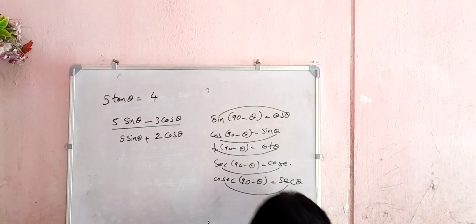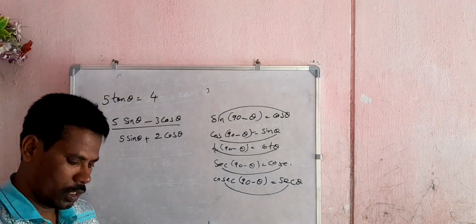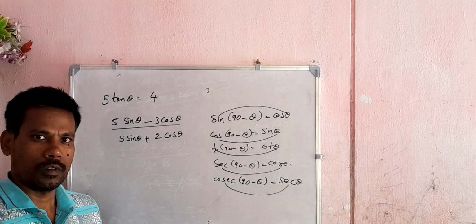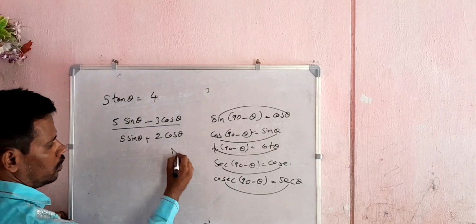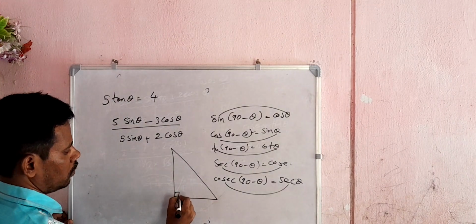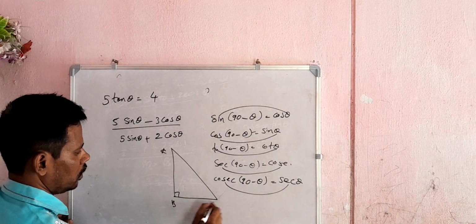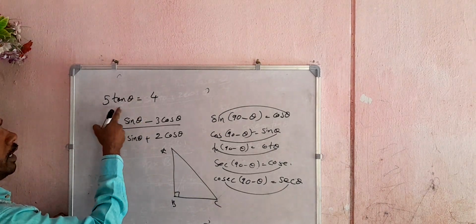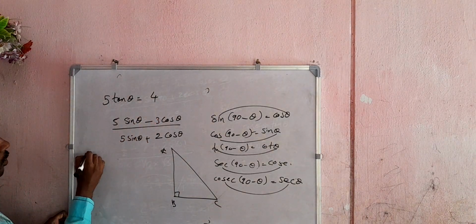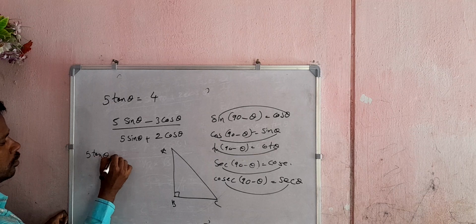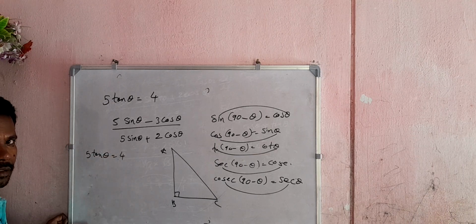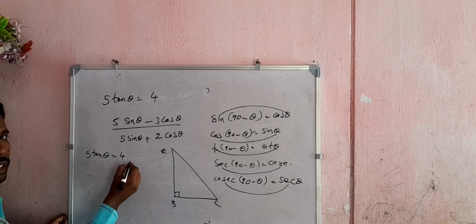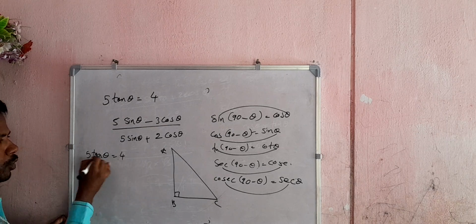How will you do this problem? Can anyone tell? Simple. Draw a right angle triangle, A, B, C. Here 5 tan theta is equal to 4. Divide both sides by 5.